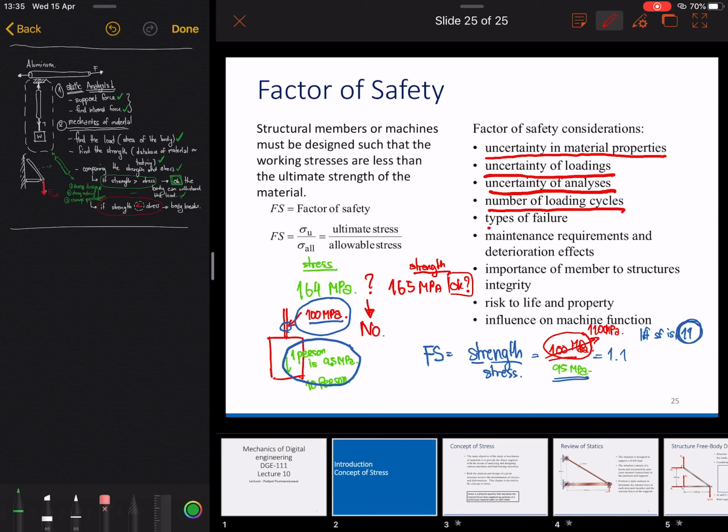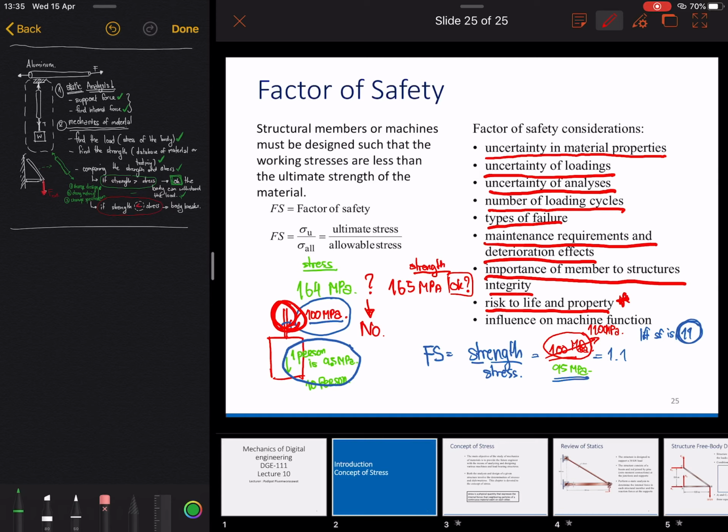And the time of failure, because maybe this cable is corroding by the rain or by oxidation of the steel, so we have to take care of that also. Maintenance requirements and deterioration effects, importance of the member to the structural integrity, the risk to life and property. So this is really important.